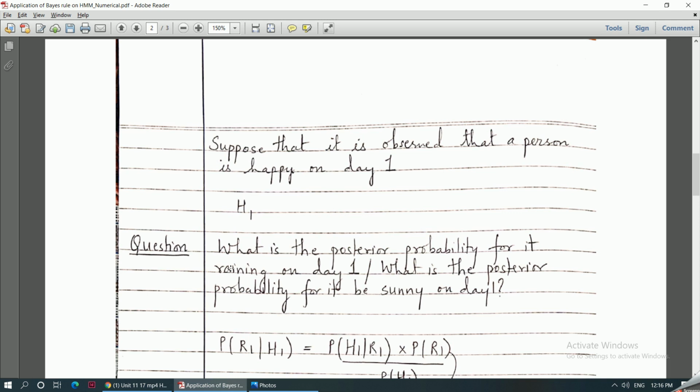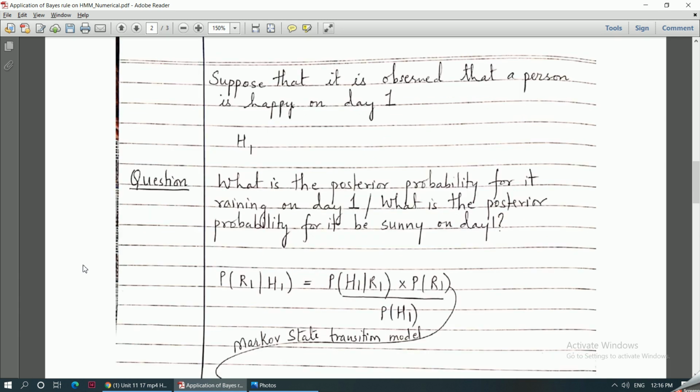So a person is happy on day 1. On the basis of that, you have to find out the posterior probability for it to be raining on day 1, as well as the posterior probability for it to be sunny on day 1.